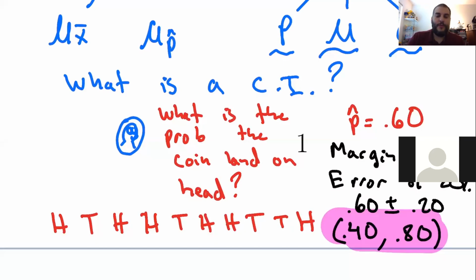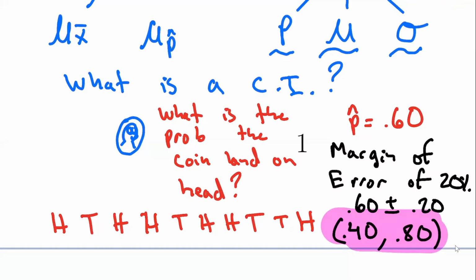Yeah, so what I highlighted in hot pink is your confidence interval, but you have to use the margin of error in order to get it. So did this confidence interval give me the correct answer? Hopefully we all know the probability that a coin lands on heads is 50%.